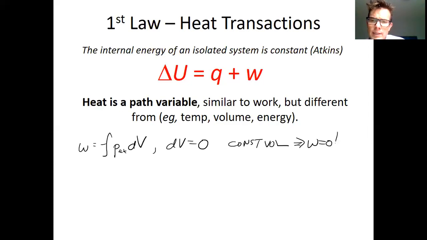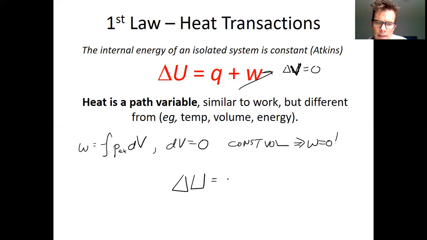So one of the first things that we're going to have to do is recognize delta V equals 0. I wrote this as a U, but I mean this is a V. Delta V equals 0. Right? And if I do that, that work term will go away. And it leaves me with an important equation right here.